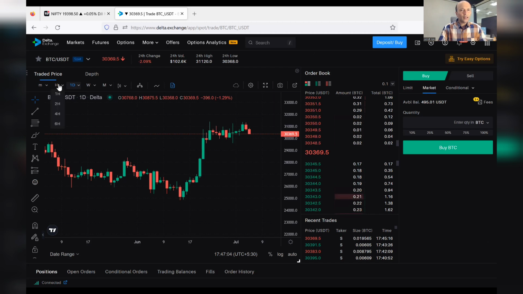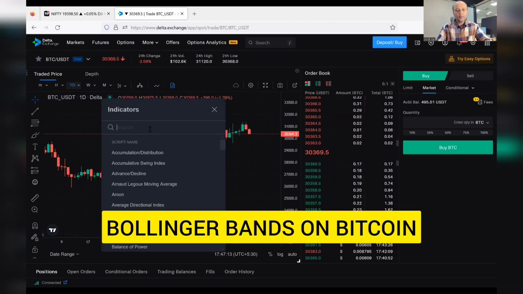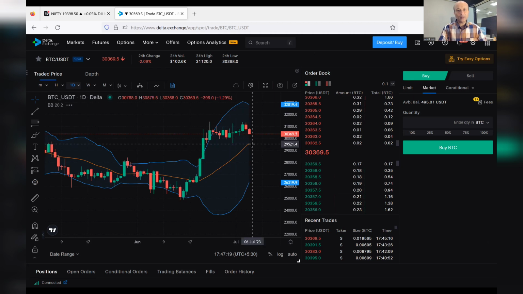So यहाँ पे अगर 1 hourly chart पे जाते हैं, let us apply Bollinger Bands first. So I will come here and I'll directly go on the indicators and I'll apply Bollinger Bands. Once I have applied Bollinger Bands, I know where is the support. So daily पे support mid band पे आता है, which is around 20,500 के आसपास. That's where the support is there on the mid band.